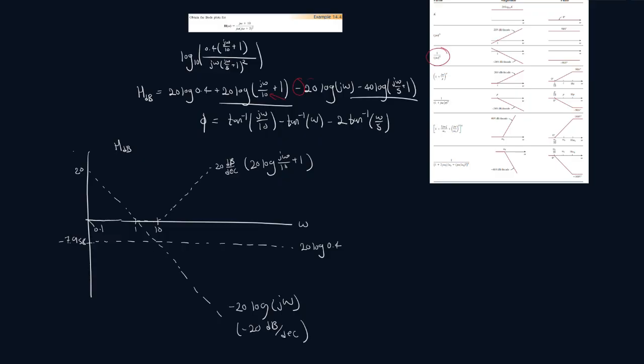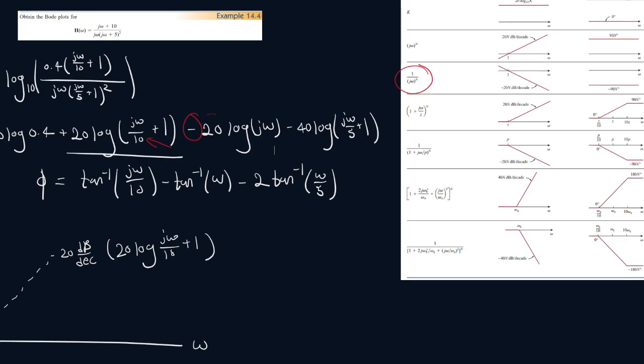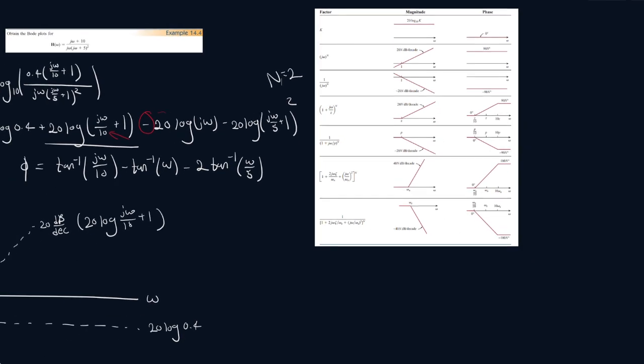Now, this is the interesting part. Notice how this is minus 40, and that's the same thing as minus 20 log to the power of 2. So we have n being 2 in this case. That means pretty much all of these values are going to be multiplied by 2.